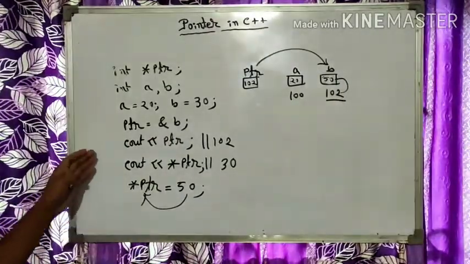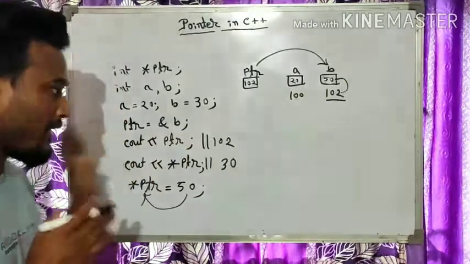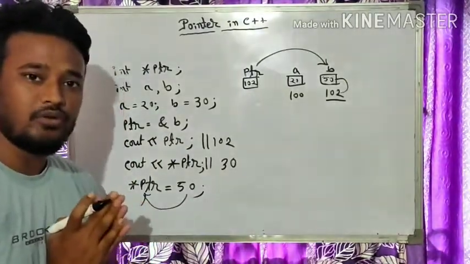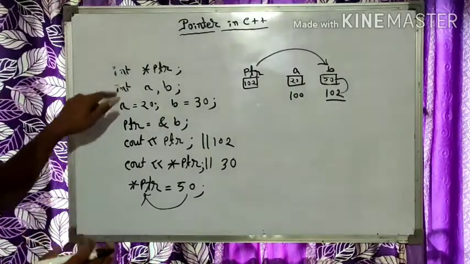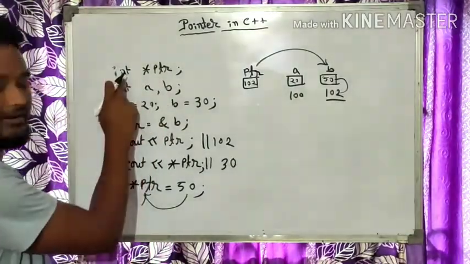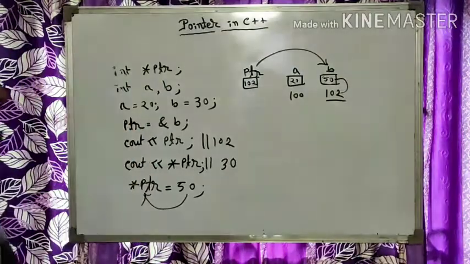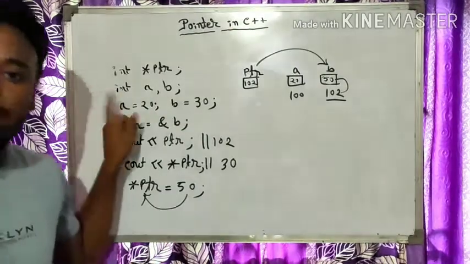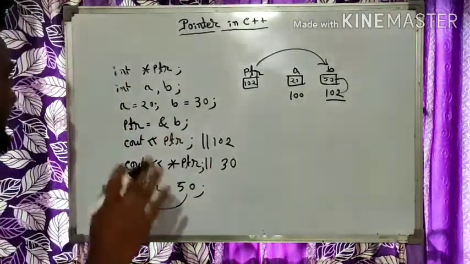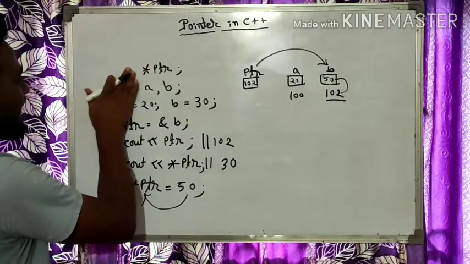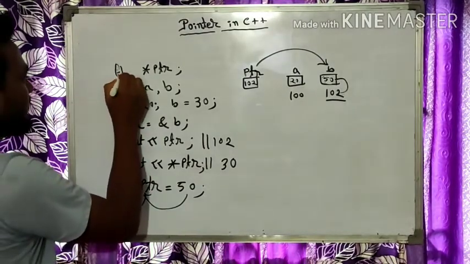This was the basic of pointer. Now here is the point I want to discuss with you all. What is the type of this pointer variable? It is integer. And what about the type of the two variables a and b? This is again integer. Now let's say I want to change the type of this pointer, suppose it is float.